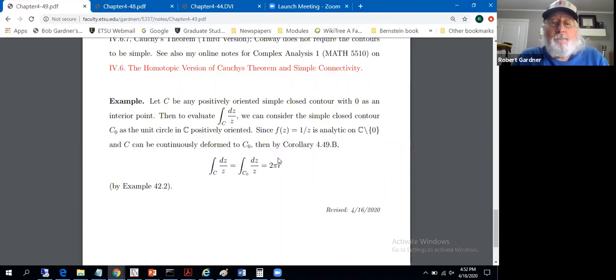Here it is. I guess it was example 42.2. I think we took the contour, say C sub 0, to be a circle of radius 2, if memory serves. We cut it into 2 pieces.